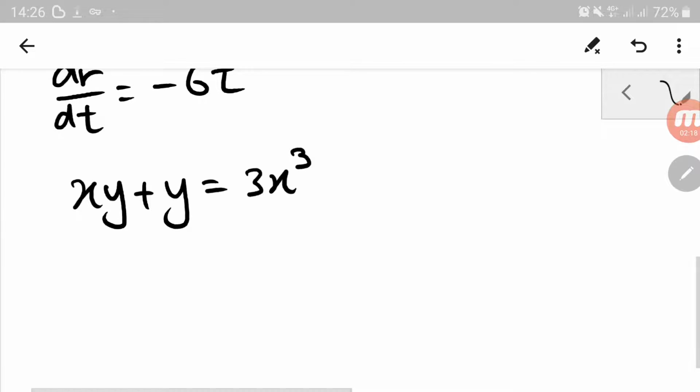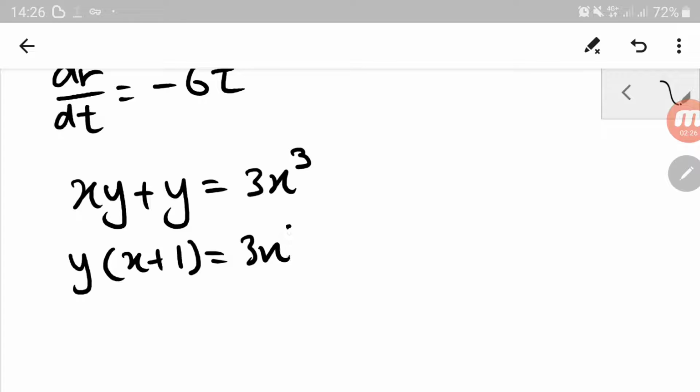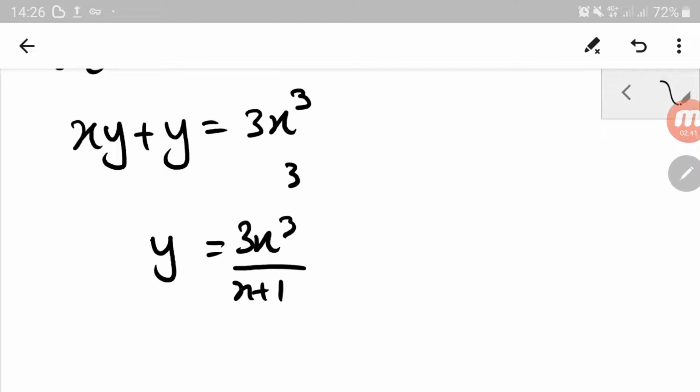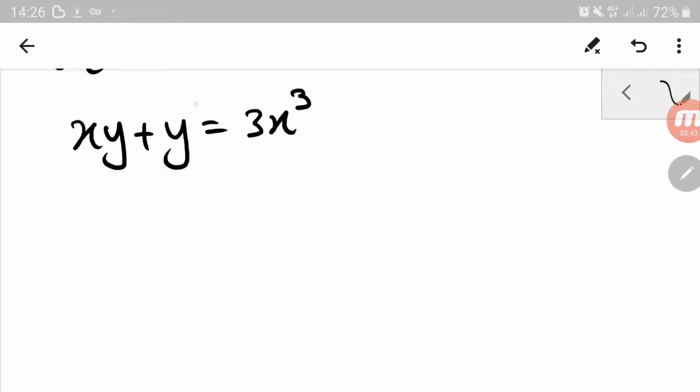For sure for this one we will tend to make it y(x plus 1) equals 3x cubed, and then we have y equals 3x cubed over x plus 1. In this case we can still express y in terms of x explicitly. Now how about if I increase the power of this one by 1?